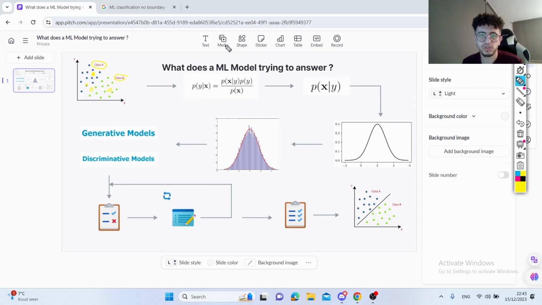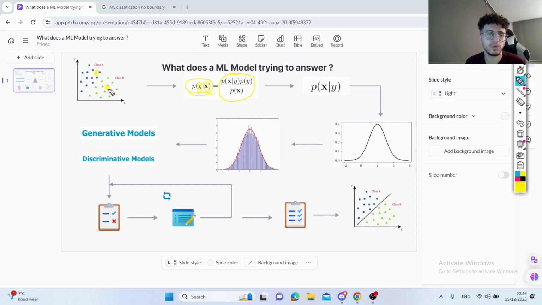To answer which thing belongs to what, we need to know the posterior probability, and the posterior probability has this formula given by Bayes' rule, or Bayes' theorem, where the probability of y given x means: what is the probability that this object, which has these features, belongs to this class, and what is the probability that it belongs to the other class.